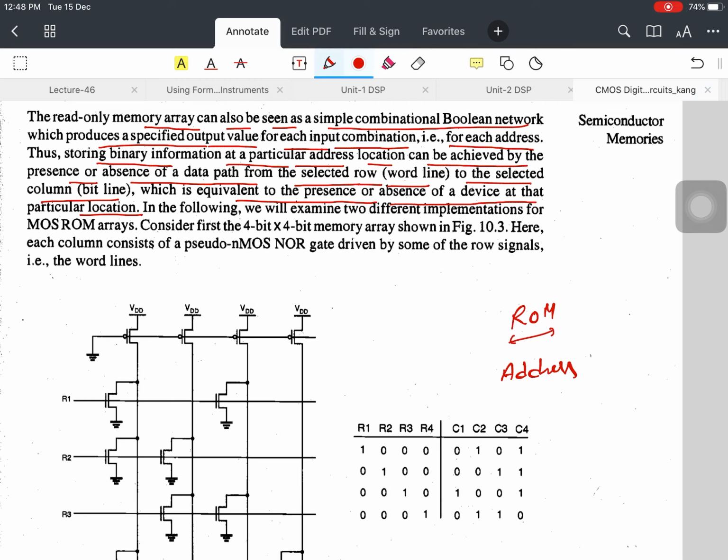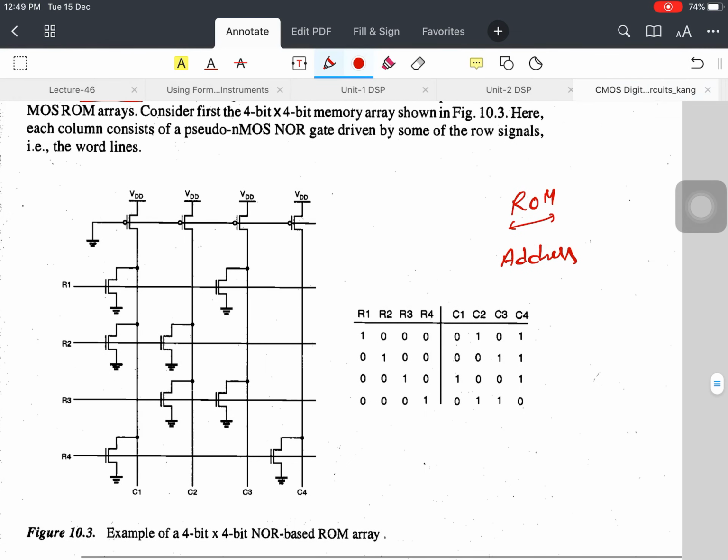Here one example has been shown: a 4 cross 4 bit NOR based read only memory. This figure shows the basic structure, how it works as a read only memory at the transistor level.